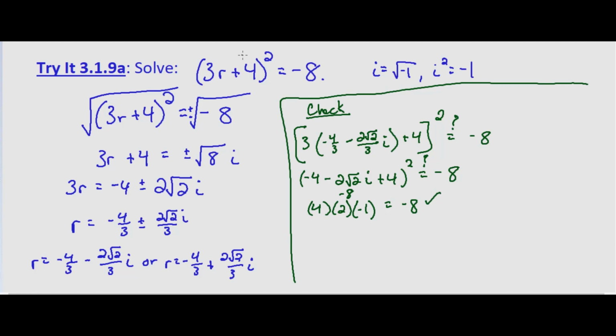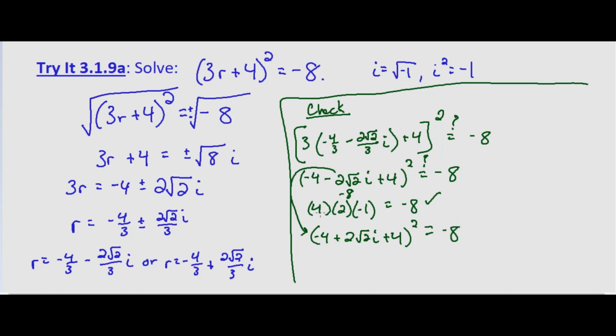So that solution checks. Now, if you'll notice the difference, when we substitute the positive, everything's going to be the same other than we end up with, in the second step, plus 2 times the square root of 2 i. So in other words, it will be (-4 plus 2 times the square root of 2 i plus 4) squared. Does that equal -8?